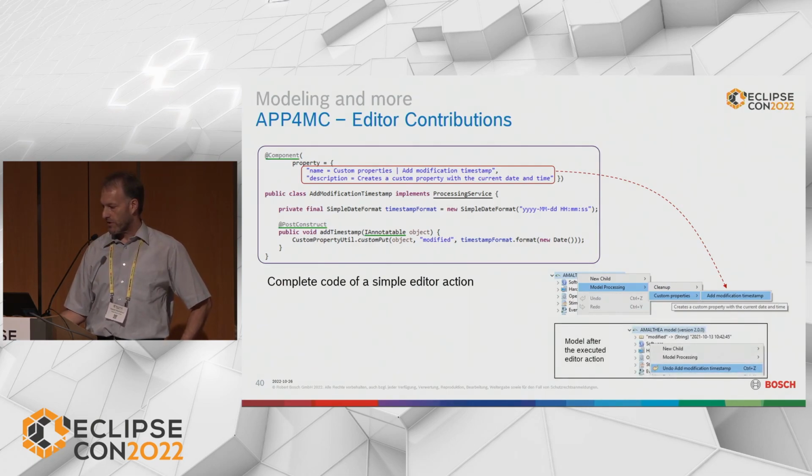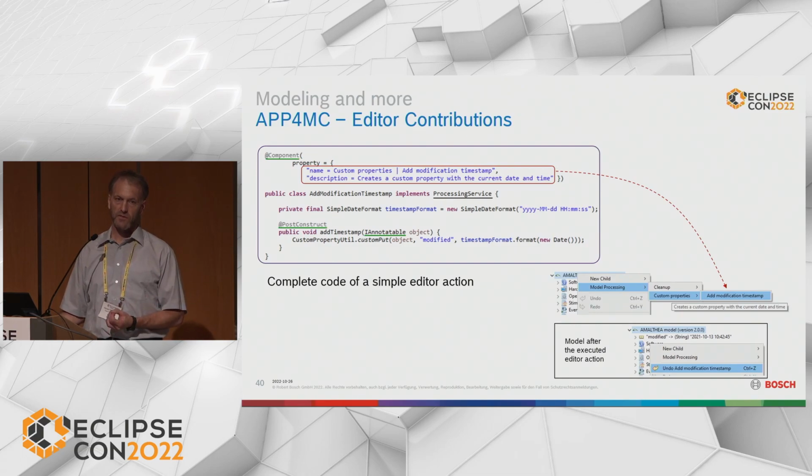The framework gives you the rest so that you can, for example, use this change recorder that's used in the background. You can undo the action, things like that. So it's very easy to extend the model here and to have custom-specific modification of small parts of the model. You should not do this for a whole transformation, of course.